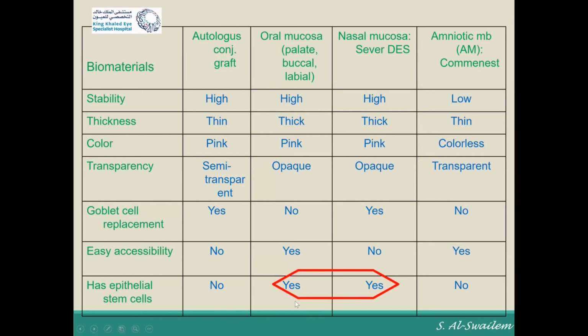They may have some stem cells that can partially replace our corneal stem cells. The rest are differences: autologous conjunctiva is a semi-transplant, the oral mucosa is opaque and causes a lot of mucoid secretion. Nasal mucosa also will be opaque on the corneal surface, and amniotic membrane is the most transparent one, and so on. Now, this is our second question.